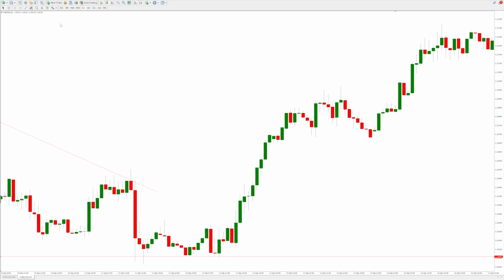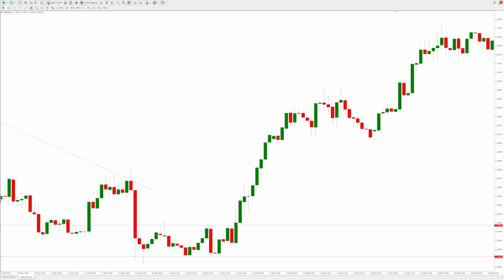Okay, so once you've marked the support level following on from the downtrend, the next thing to do is to mark the neckline. So the neckline is basically the resistance level within the double bottom candlestick pattern formation. So we have the double bottom here, so we're going to mark support.